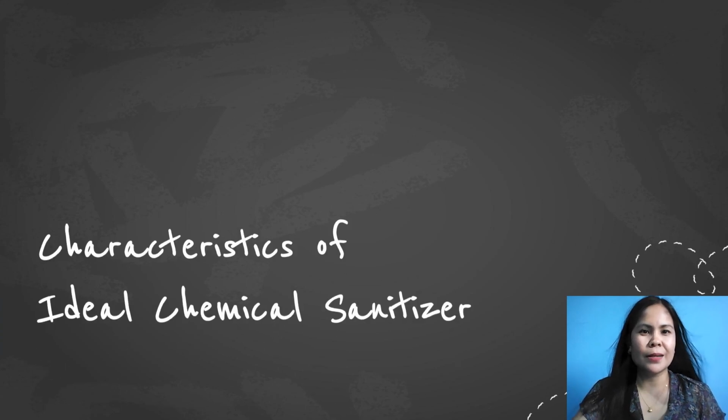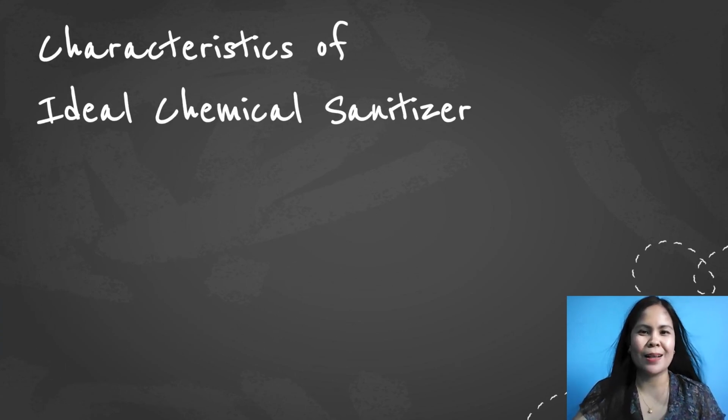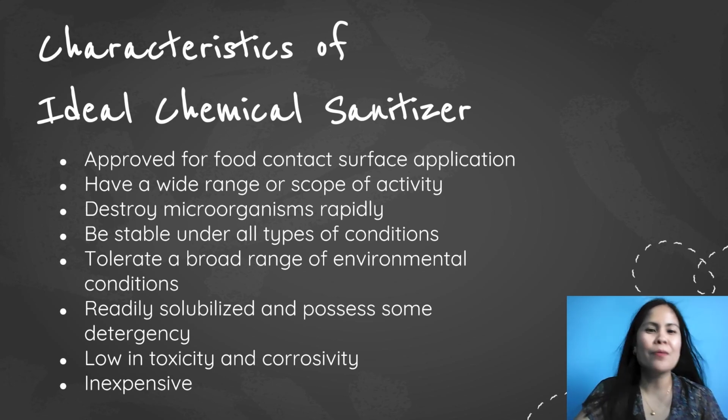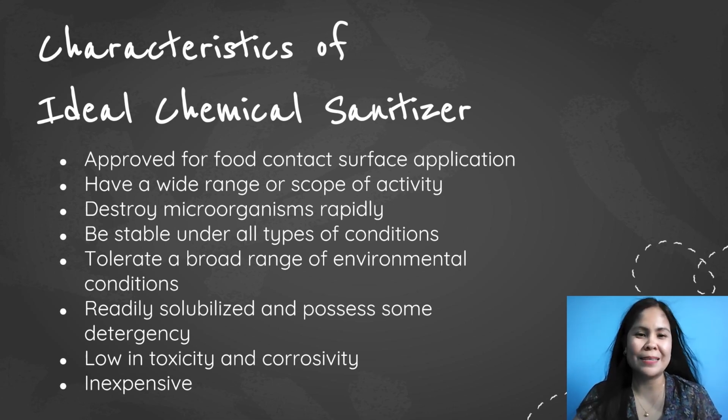And these are the characteristics of an ideal chemical sanitizer. When we talk about an ideal chemical sanitizer, it is approved for food contact surface application, has a wide range or scope of activity, destroys microorganisms rapidly, is stable under all types of conditions, tolerates a broad range of environmental conditions, readily solubilizes and possesses some detergency, is low in toxicity and corrosivity, and is inexpensive.